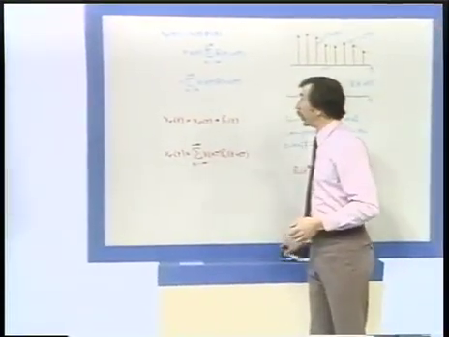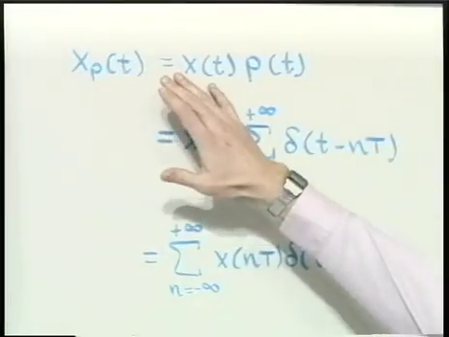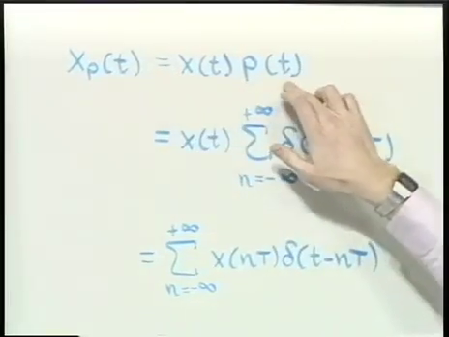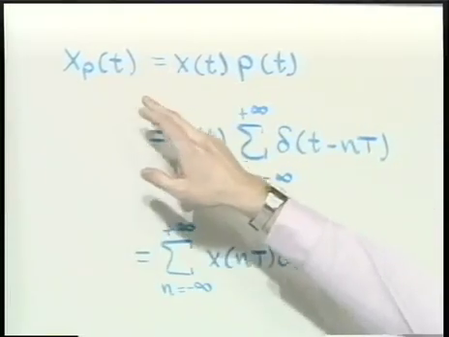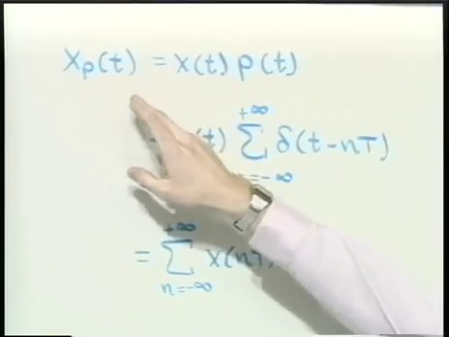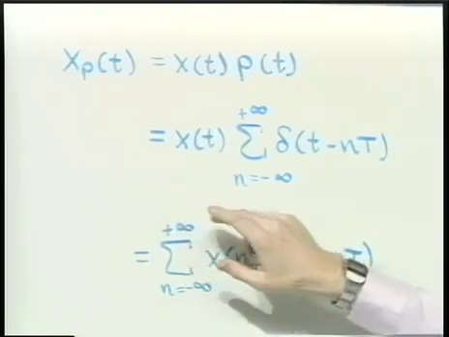Well, in the time domain, what we have is our original signal multiplied by an impulse train, and this then is the sampled signal, or the impulse train whose areas are equal to the sample values.